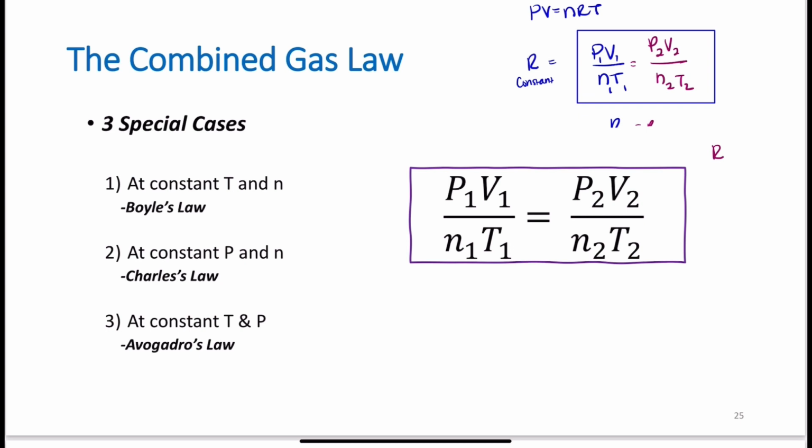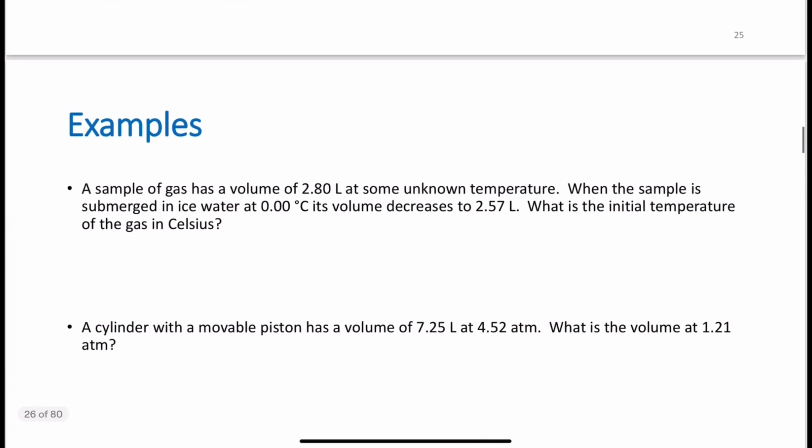And at constant temperature and pressure, I have V1 over n1 equals V2 over n2, which is Avogadro's law. So the ideal gas law can get you the combined gas law, and can get you all the individual gas laws. Again, I don't prefer to memorize them individually. I prefer to memorize the one and then be able to derive the others. You can do what you would like, but you are responsible for all of these laws.